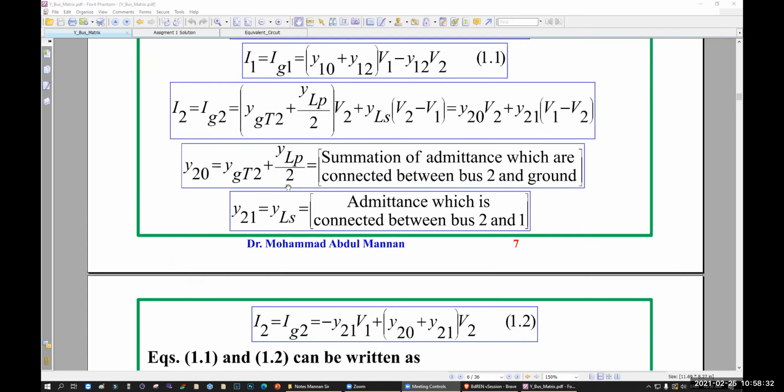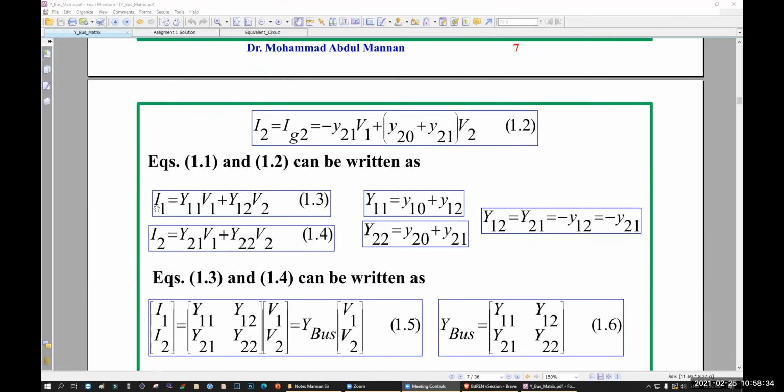If you do that, your formula becomes like this. I1 is equal to Y11 V1 plus Y12 V2. I2 will be Y21 V1 plus Y22 V2. How did I get this?